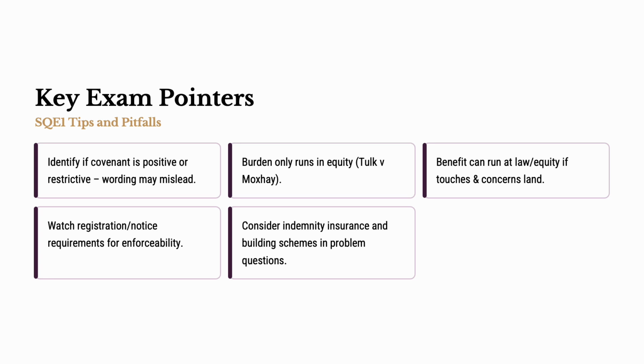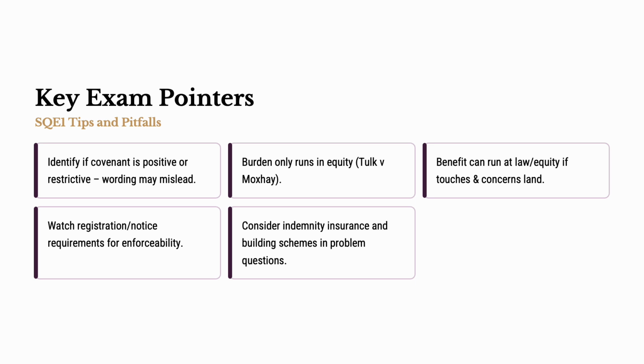If the covenant is positive, the burden cannot run at common law or in equity. Only the original covenanter remains liable. If it is restrictive, the burden can run in equity under Tulk v Moxhay if the requirements are met. Second, work through the requirements systematically for the burden to run in equity.